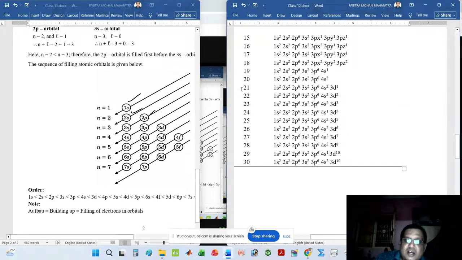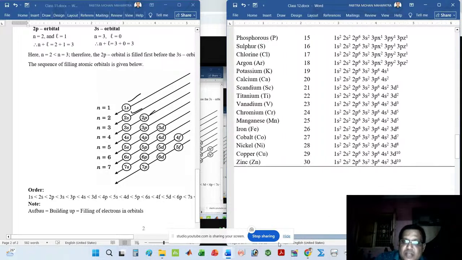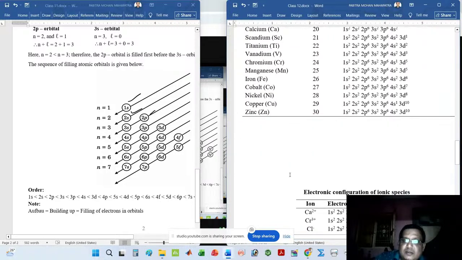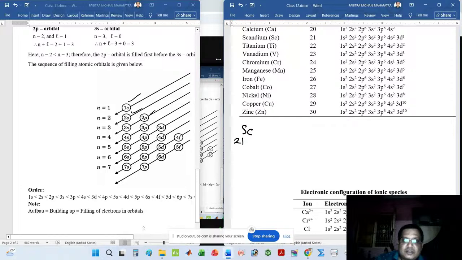Suppose I want to draw the electron configuration of an atom, suppose scandium. If I want to draw the electron configuration of scandium, then what will I write? Scandium has atomic number 21. That means it has 21 electrons. Yes or no?